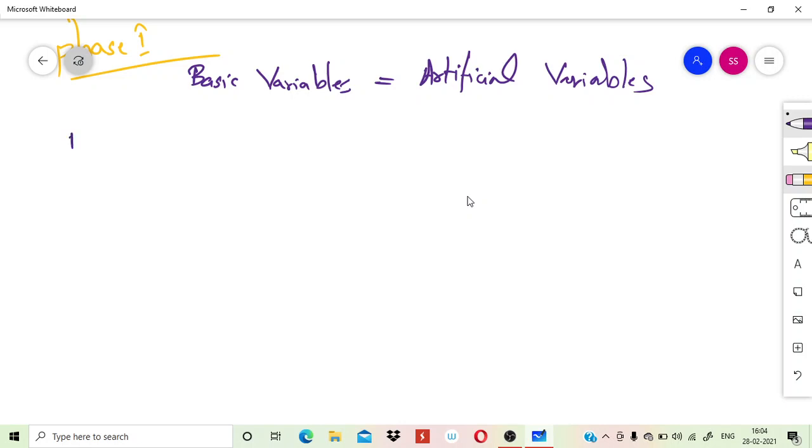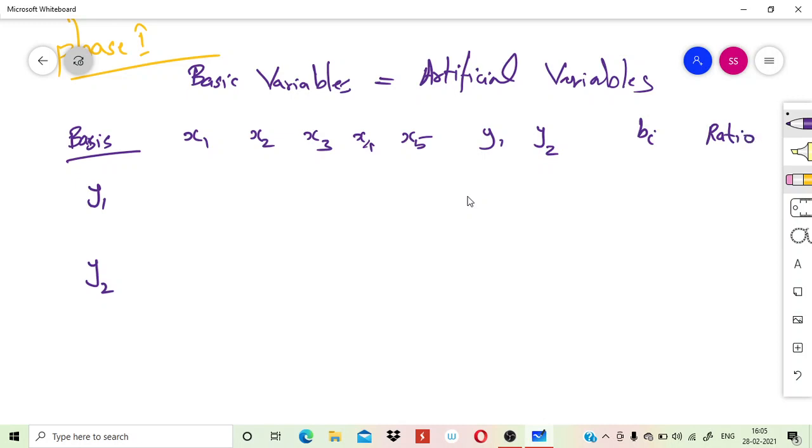We have the basis, the basic variables y1, then y2, then the variables x1, x2, x3, x4, x5, y1, y2, then the solution bi, and the ratio column. Okay, so we will proceed like this.